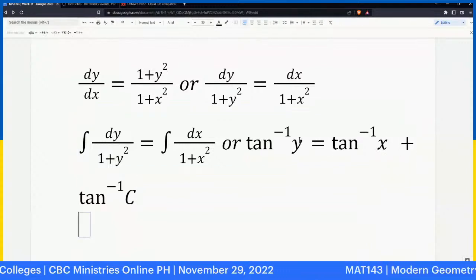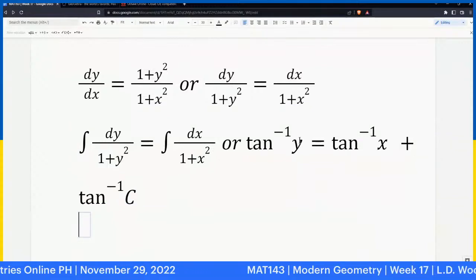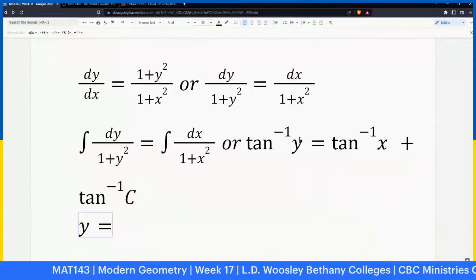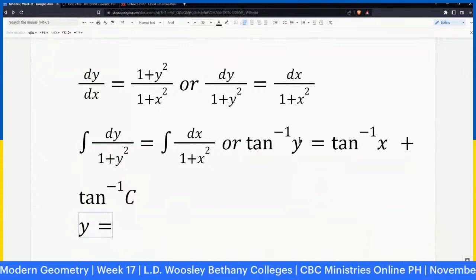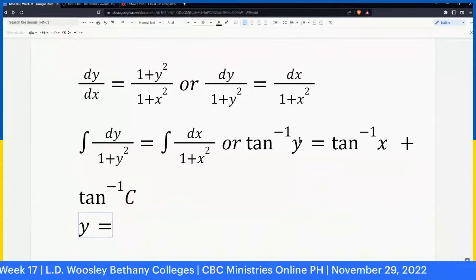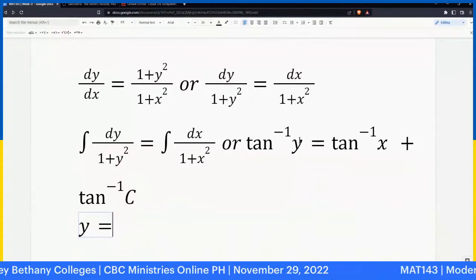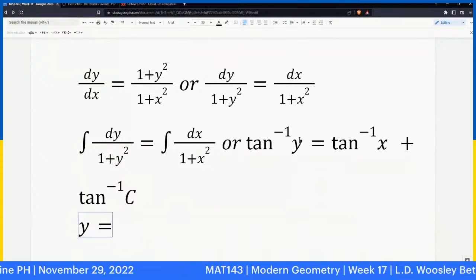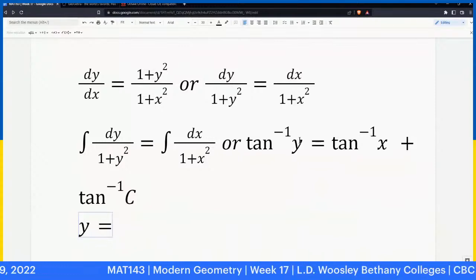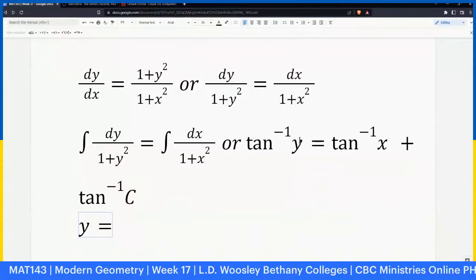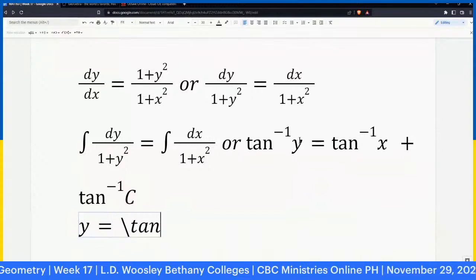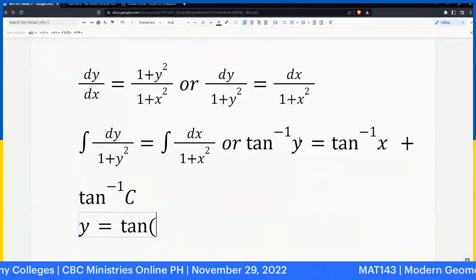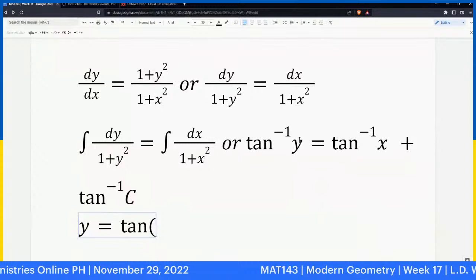So if I would like to solve for y, if I will transpose arctangent from left to right, what will be the operation? That will be tangent. Tama ba, Michaela? Naging tangent sa kabila yun. Arctangent sa kaliwa, tangent sa kanan.